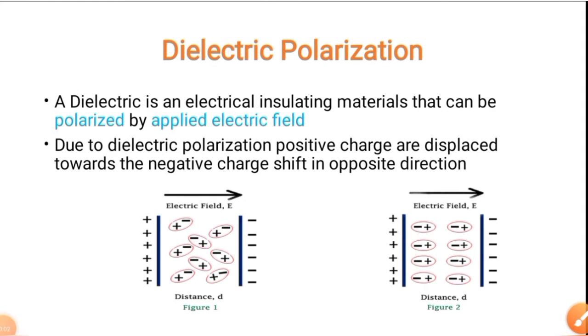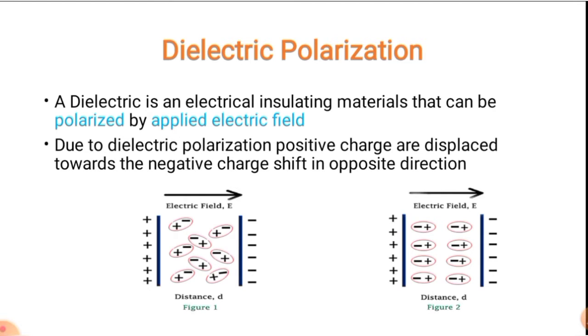Now we will see dielectric polarization. A dielectric is an electrical insulating material that can be polarized by an applied electrical field. In the last slide we have seen that dielectric material does not allow electrical current to pass through it, but it will show an electrical effect when placed in a strong electrical field.